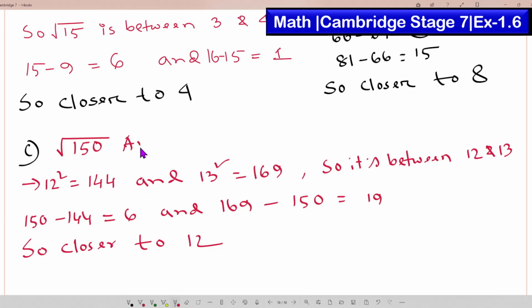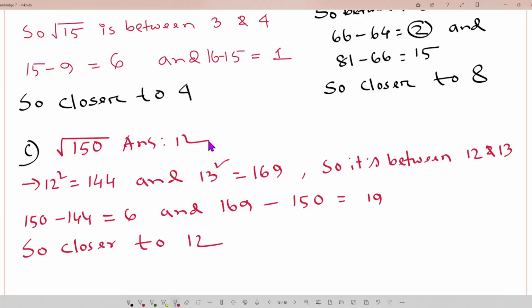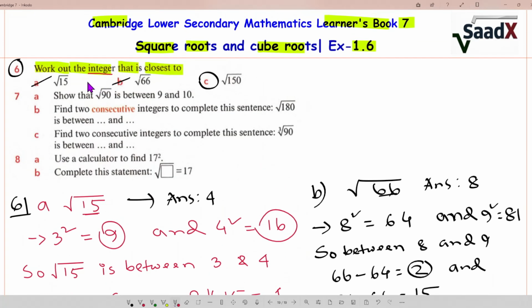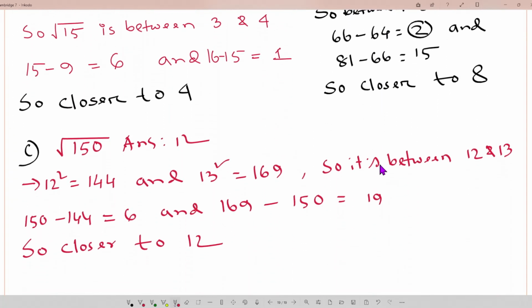So answer 12. Okay. So root 15 is closer to 4, root 66 closer to 8, root 150 closer to 12. So number 6 done.